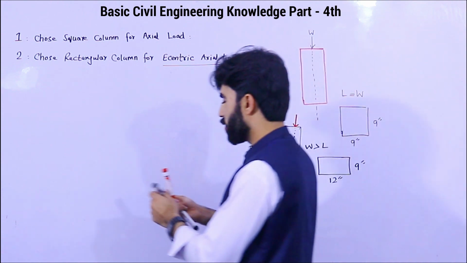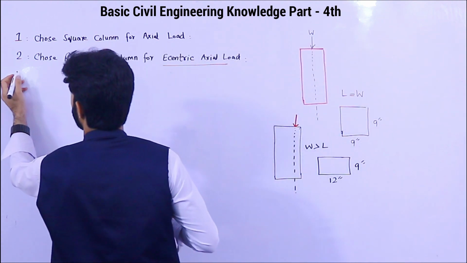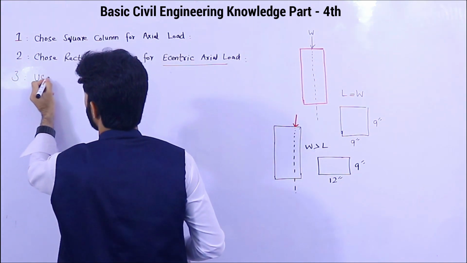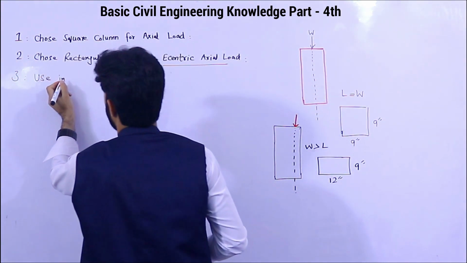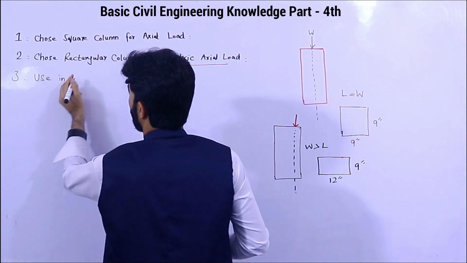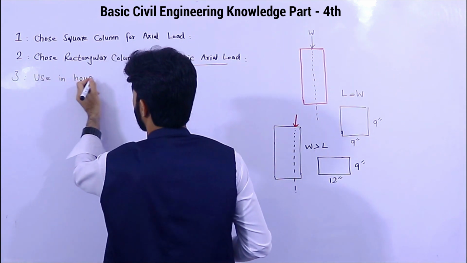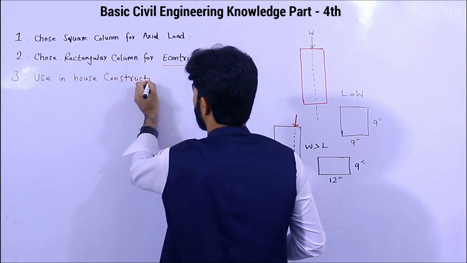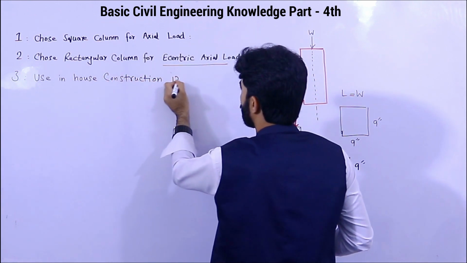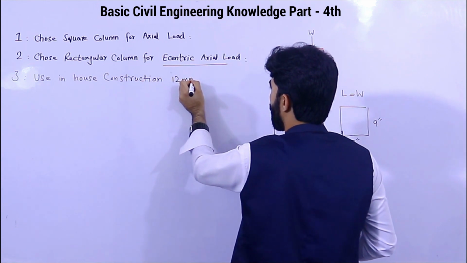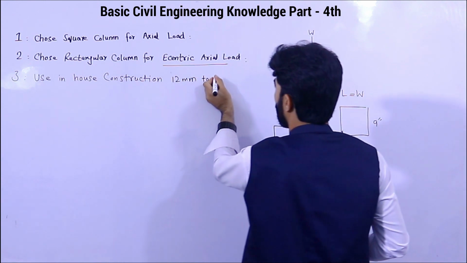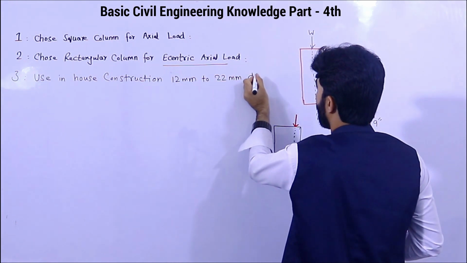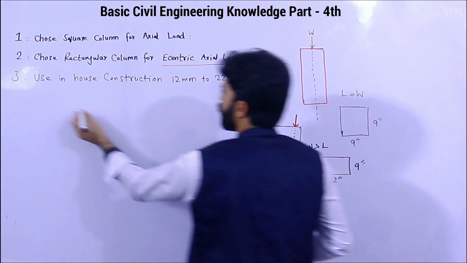The third rule is, in house construction, use 12 mm to 22 mm dia of longitudinal bar.